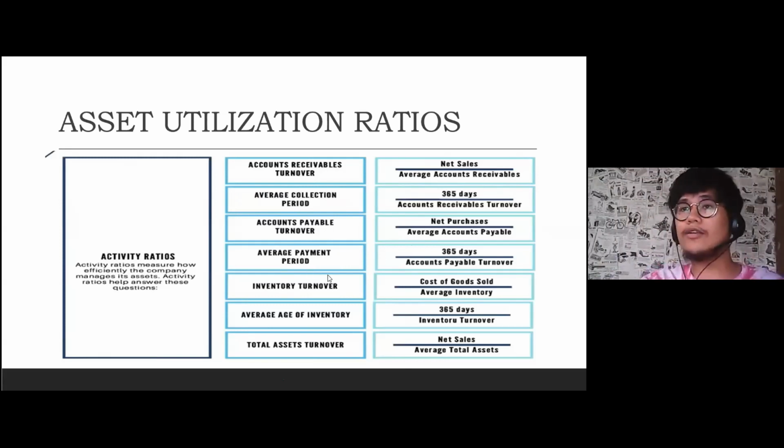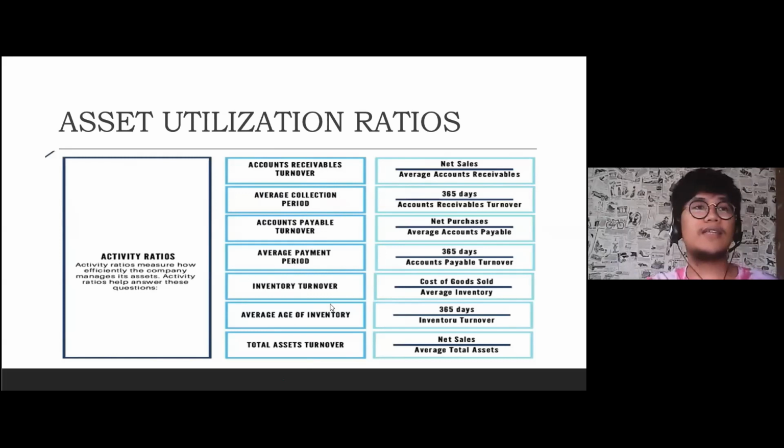Tingnan natin dito kung maganda ba talaga yung accounts payable turnover na na-compute natin, we also need to check the average payment period. Your average payment period is computed by dividing 365 days over your accounts payable turnover. Now, same goes with the accounts receivable turnover or your average collection period, it depends on the credit terms.